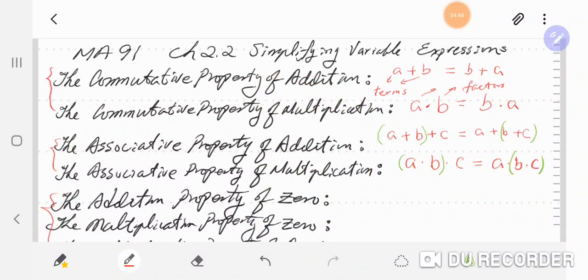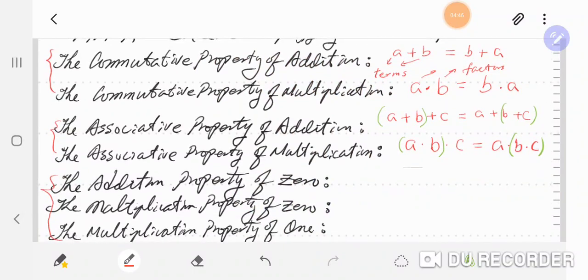How about this? What if I have something like this? Here is AB multiplied by C, and I want to exchange C and AB.